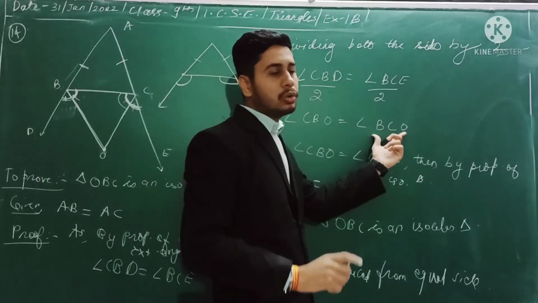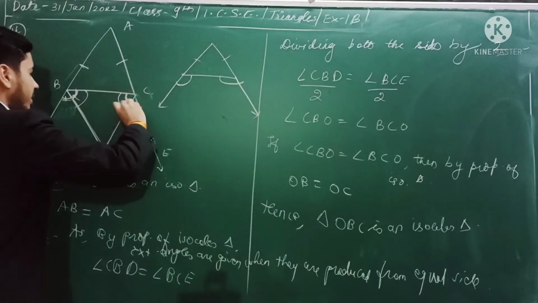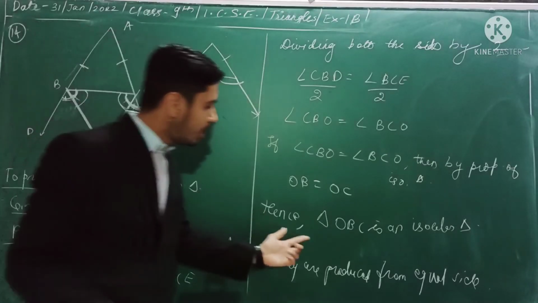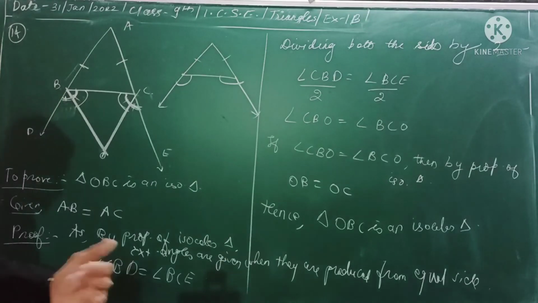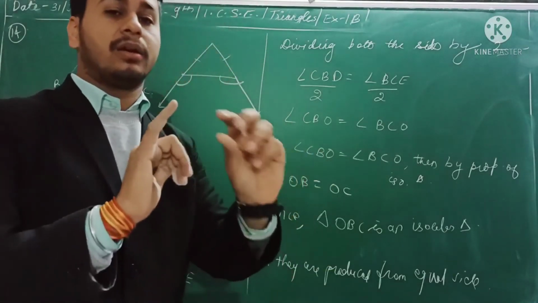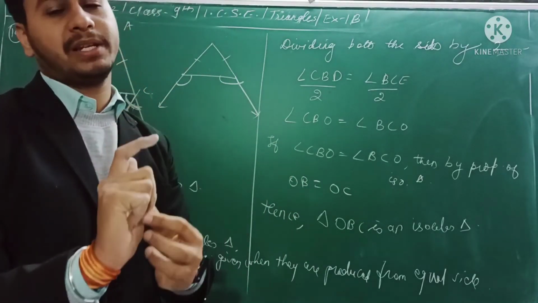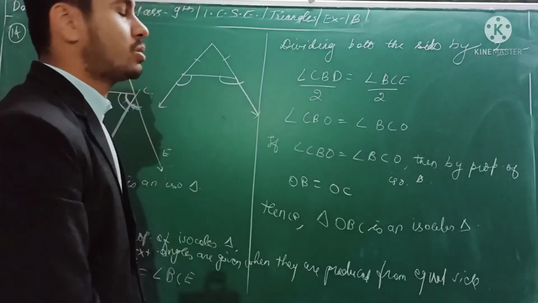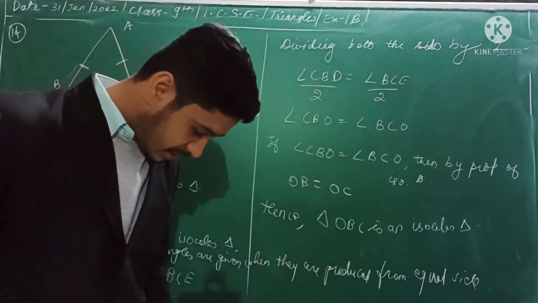So CBO is equal to BCO. Now if this angle is equal to this angle, definitely this side will be equal to this side, and if these two are equal, OBC is an isosceles triangle. Let me tell you, for these questions just three things: congruency criteria, CPCT, and isosceles triangle property. If you keep these three in mind, you can definitely solve the question. These are just short questions.